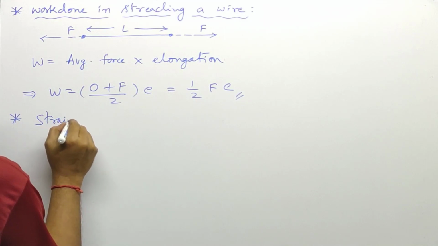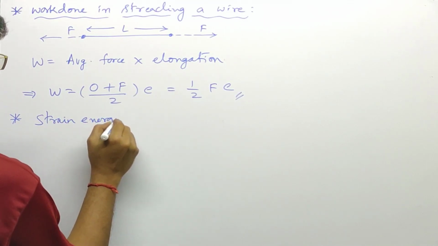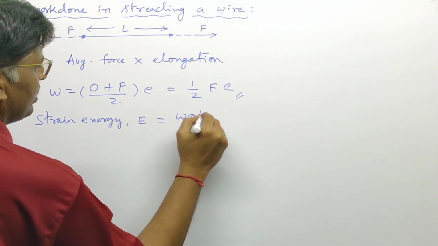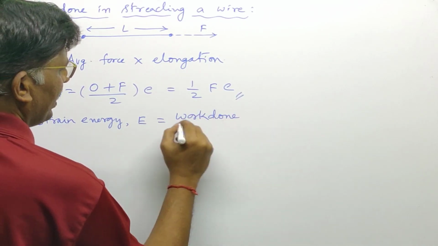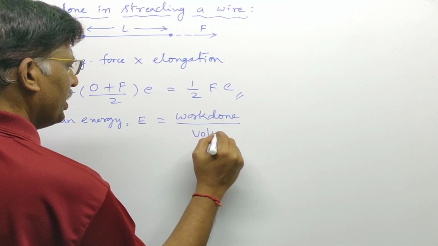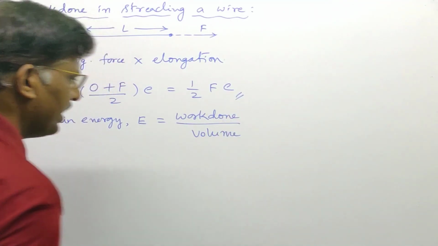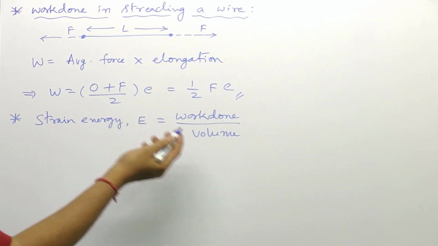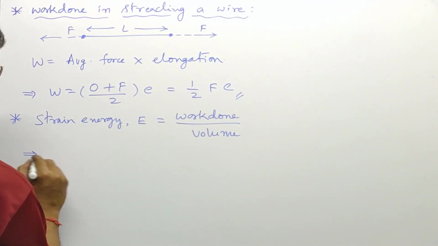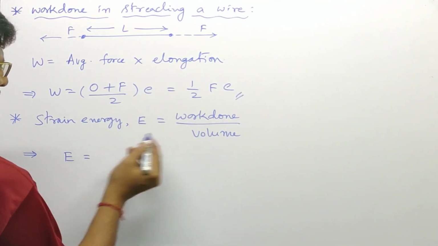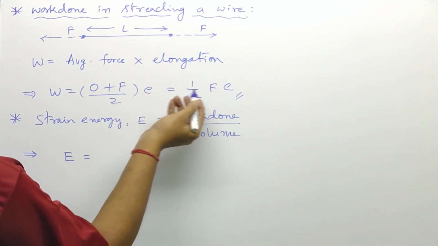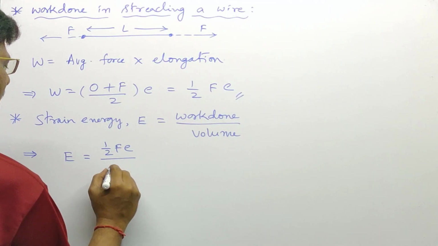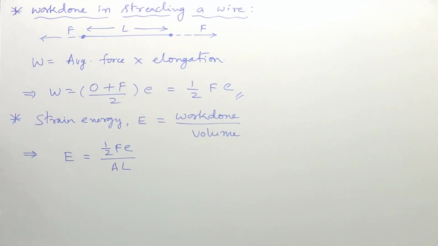Next one, strain energy. Strain energy E is defined as the work done required per unit volume to stretch the wire. Strain energy can be written as work done, half F into e, divided by volume, which is area into length.